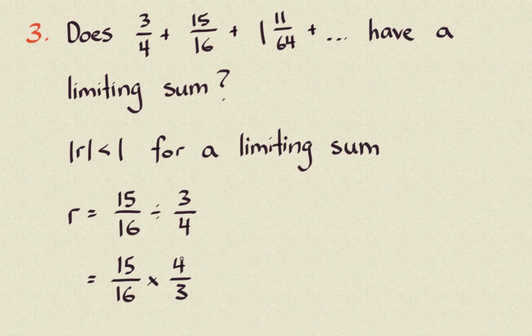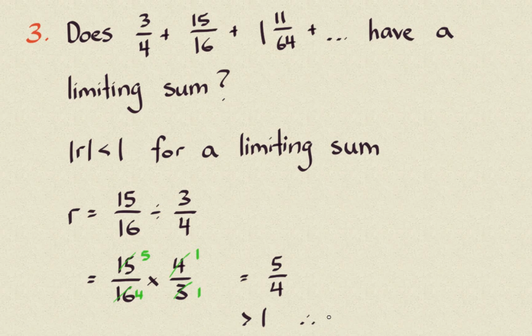We can see that the 4 and the 16 cancel, and likewise the 3 and the 15 cancel nicely to give us 5 over 4. Now this is greater than 1, isn't it? This is greater than 1. So therefore, this is actually a divergent series.